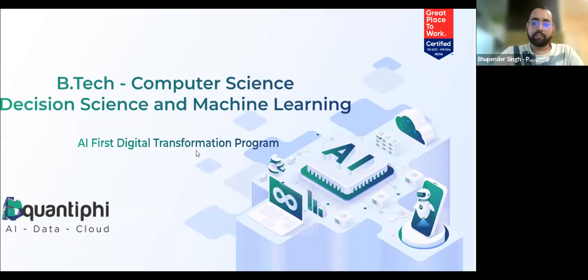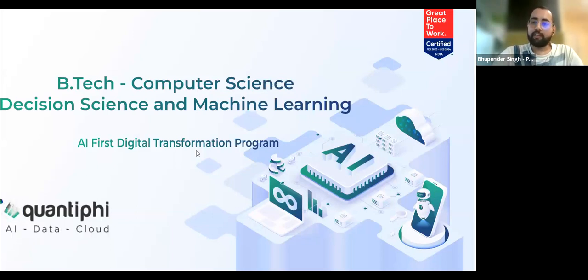So like being associated with the organizations like Quantifi, where you have so much to learn, you will be leveraged with all the resources that you need, right? So definitely like working in Quantifi is a very well opportunity for me. And then talking about the CAT, so similarly we are bringing up this particular program in front of you so that you can have industry exposure, practical knowledge with respect to your theoretical knowledge as well.